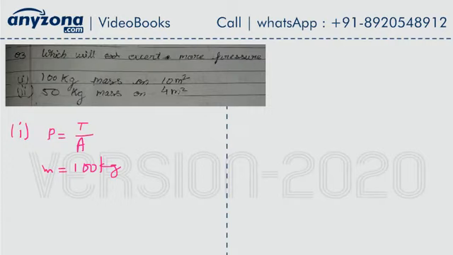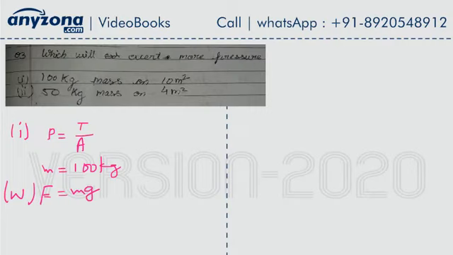The force exerted by this 100 kg mass, F is equal to mg. This is the formula of force or weight. Suppose an object of 100 kg mass is put on the surface of earth, then what will be the weight of that object? To find the weight, you can apply this formula.